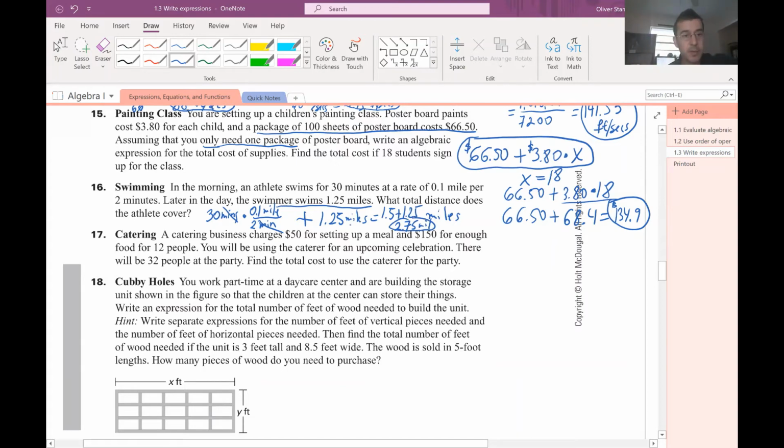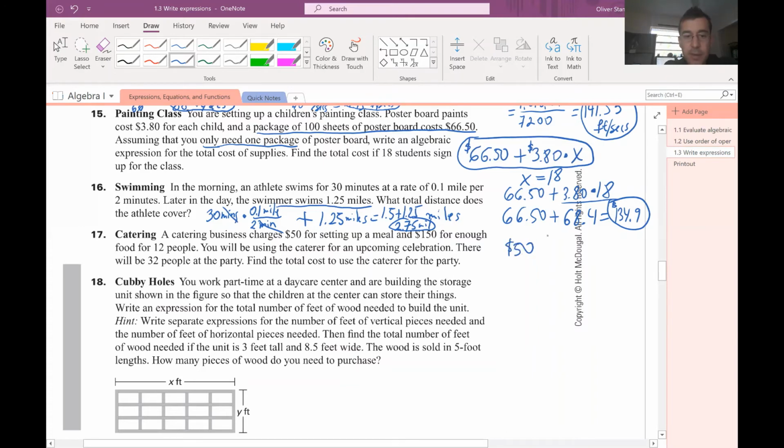Okay, number 17, catering. A catering business charges $50 for setting up a meal and $150 for enough food for 12 people. You will be using the caterer for an upcoming celebration. There will be 32 people at the party. Find the total cost. Okay, so the fixed cost is $50 to set up the meal. That's the fixed cost.